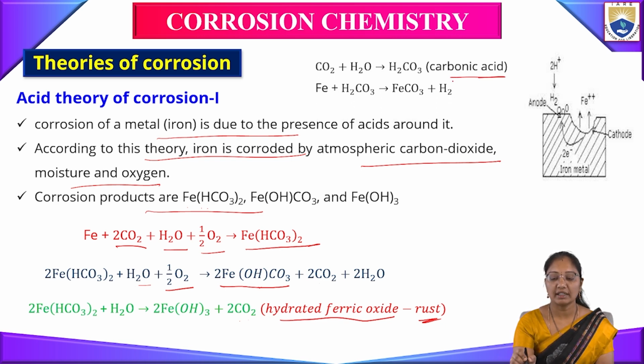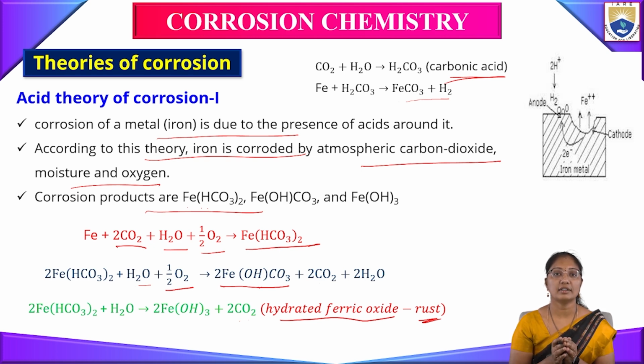What happens here is that the carbon dioxide and the water present in the environment result in the formation of carbonic acid, H2CO3, and the iron reacts with this carbonic acid, resulting in the formation of FeCO3 and hydrogen. So this is the involvement of acid causing the acid theory of corrosion.